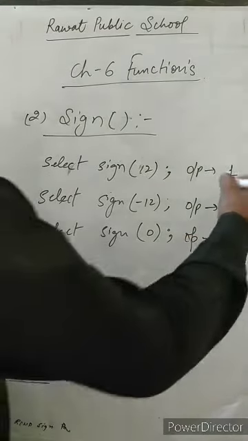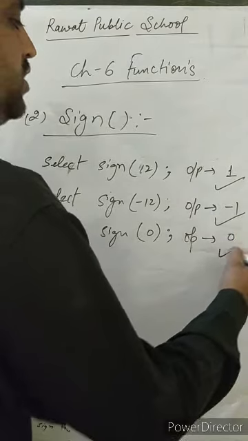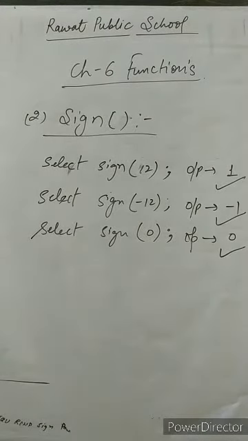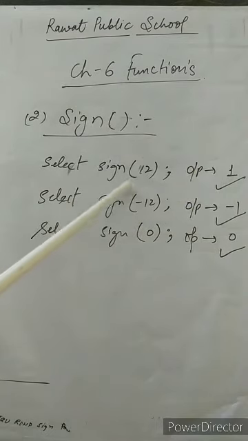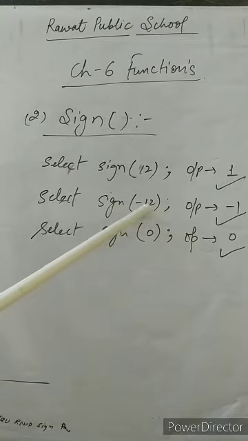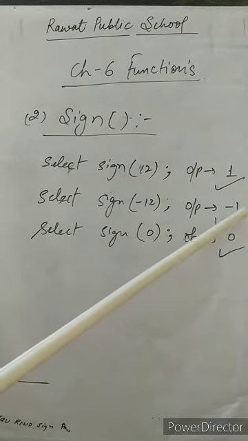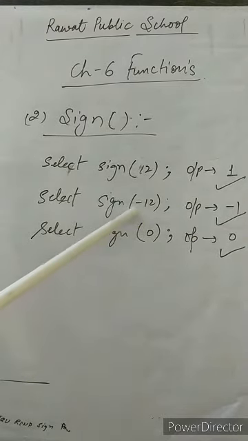So students, here 1, -1 and 0 show whether the corresponding value is positive, negative or zero. The value 12 is positive, so the output is 1, which shows that the argument you passed is positive. In sign of -12 you put a negative value as an argument, so you get the answer -1.